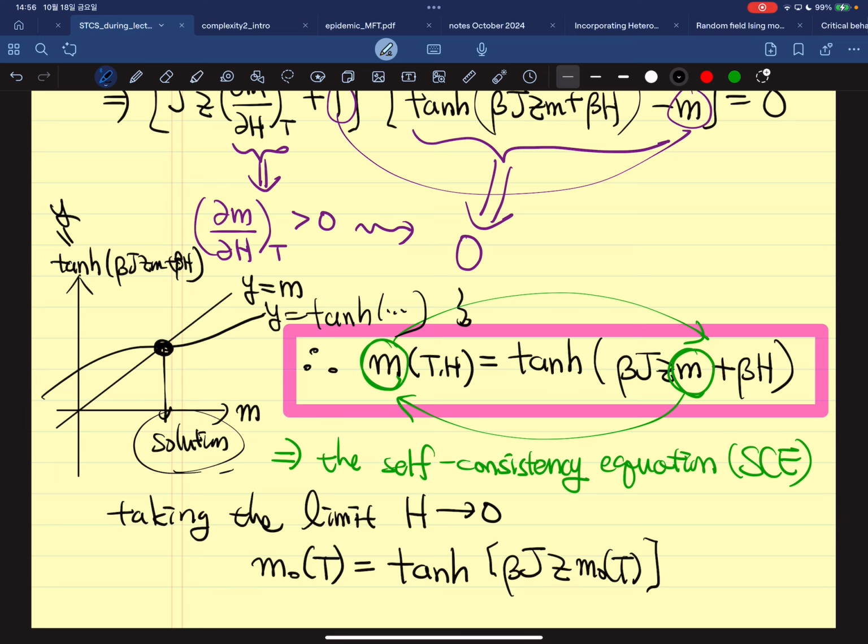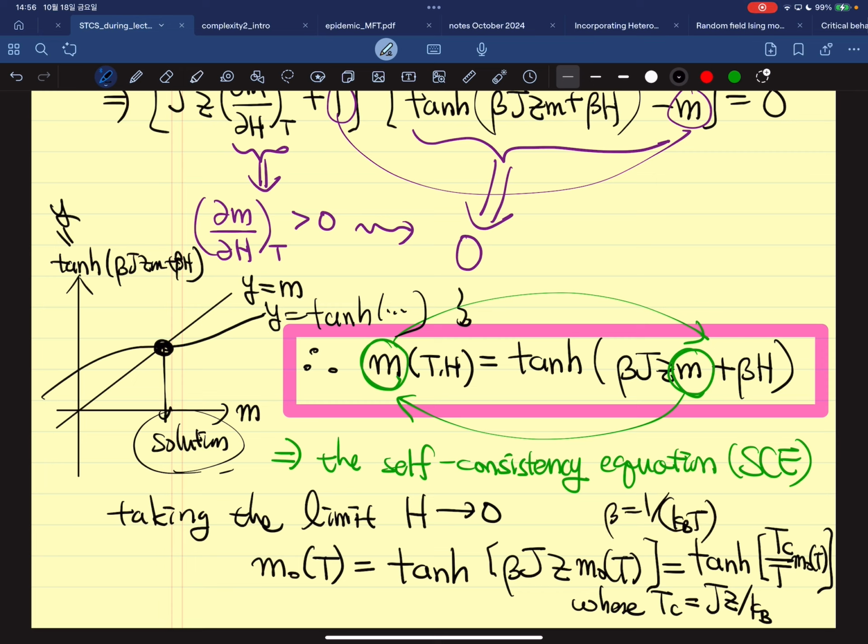And we will put this constant in front of these parts as Tc over T times M(t), for some region. In this case, Tc becomes this one because, of course, beta is 1 over kBT.